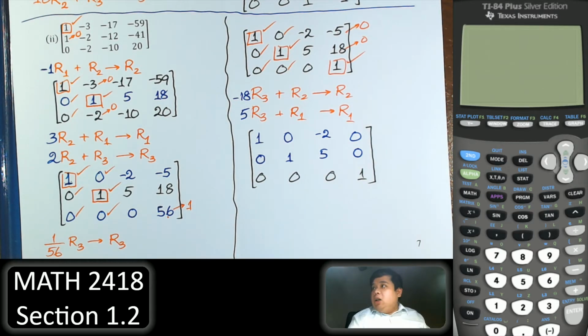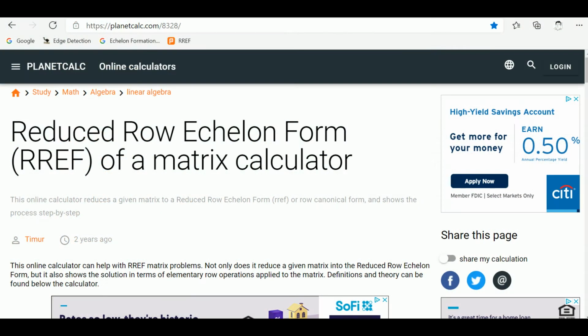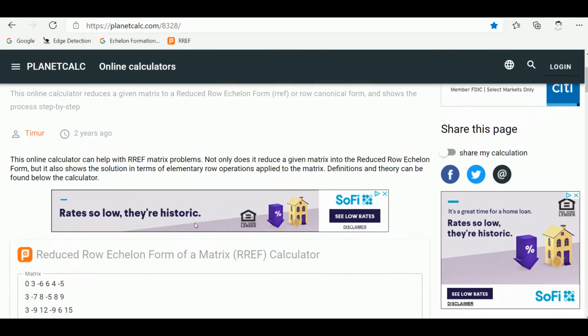So that is the matrix. Now I will use the website to find the reduced row echelon form.